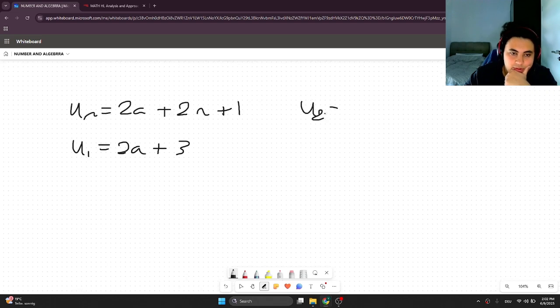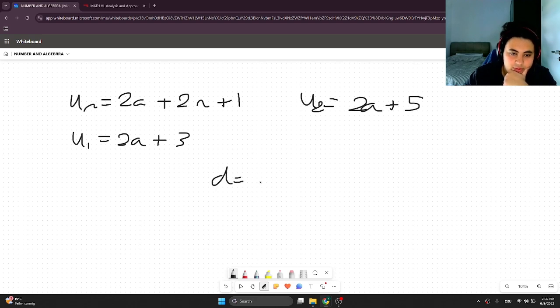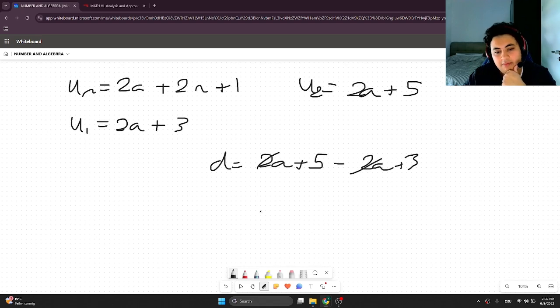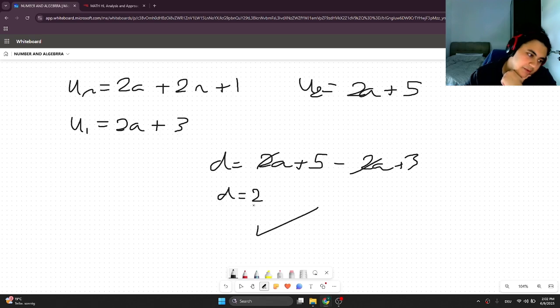Then u2 is equal to 2a plus 2 times 2, which is 4, plus 1, which is 5. So 2a plus 5. To find the common difference, we say 2a plus 5 minus 2a plus 3. The 2a and 2a cancel out. 5 minus 3 gives us the common difference is equal to 2, which is also correct.